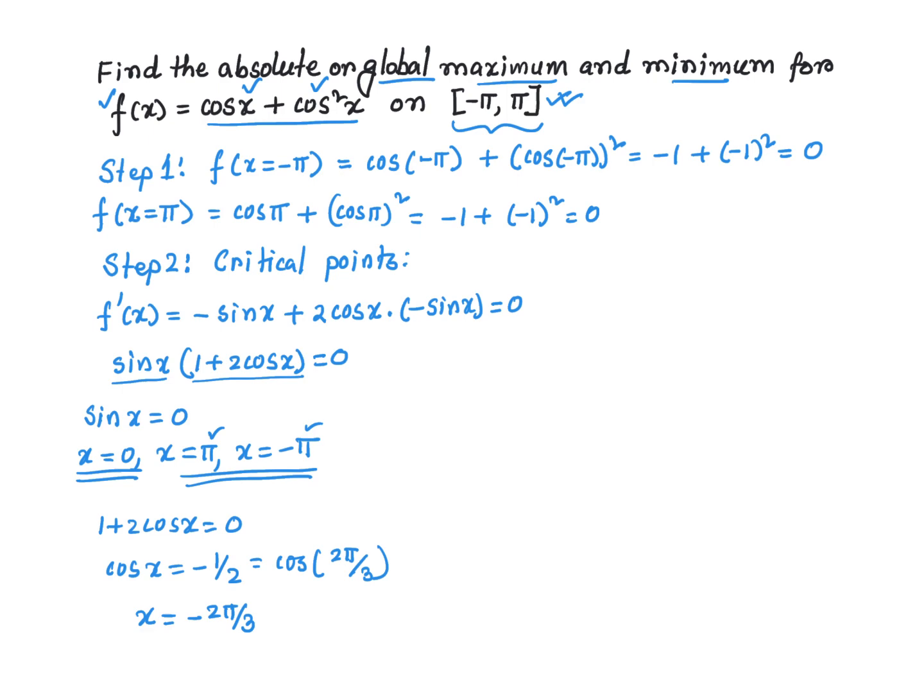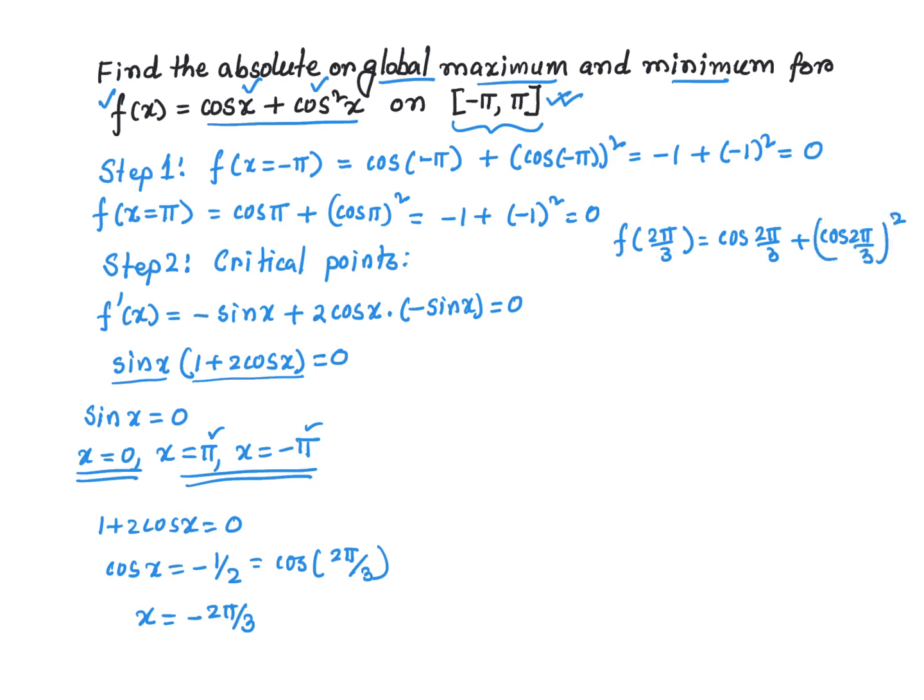As it turns out, both of these are going to give us the same value for this function. f of 2 pi over 3 is going to be cosine of 2 pi over 3 plus cosine of 2 pi over 3 whole square.